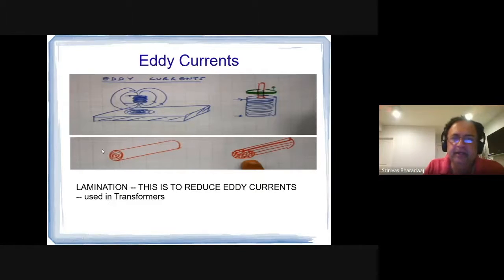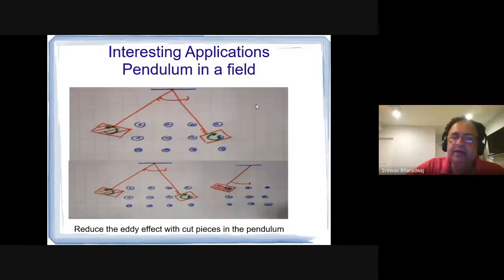So instead of having one thick wire, they had many thin wires, or they ended up with many laminations of a particular coil, which stopped the currents from going across each other and produced a laminated material with far fewer eddy currents.